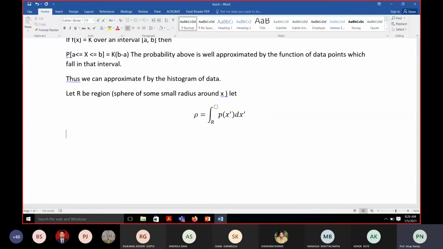Next, if p is nearly constant over R, I mean this density function, then you take the piecewise constant approximation that we have already discussed.